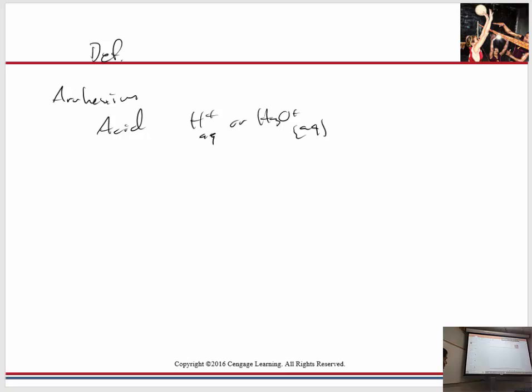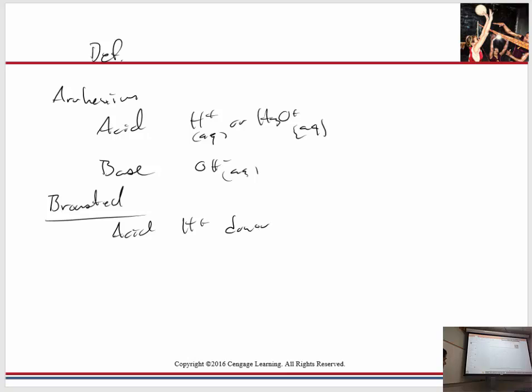And so anything that gives H plus or H3O plus in solution, and the base is OH minus, aqueous. That's Arrhenius. So we aren't going to spend much time with Arrhenius. Bronsted, yes, we're going to spend more time thinking about acids in terms of Bronsted-Lowry, in which an acid is a proton donor and a base is a proton acceptor.